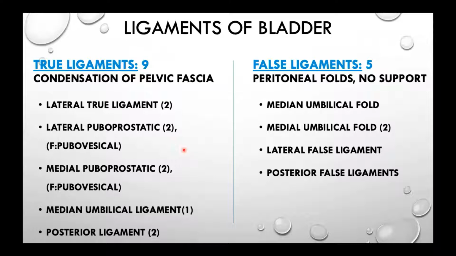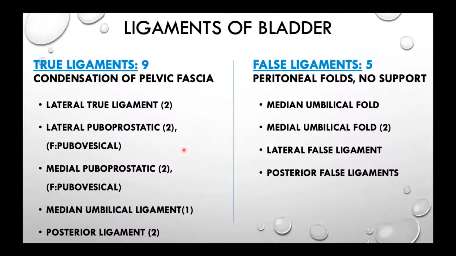Coming to the supports or the ligaments of the bladder. The bladder has two sets of ligaments, the true ligaments and the false ligaments. The true ligaments are 9 in number and the false ligaments are 5 in number. The true ligaments are nothing but condensed pelvic fascia.